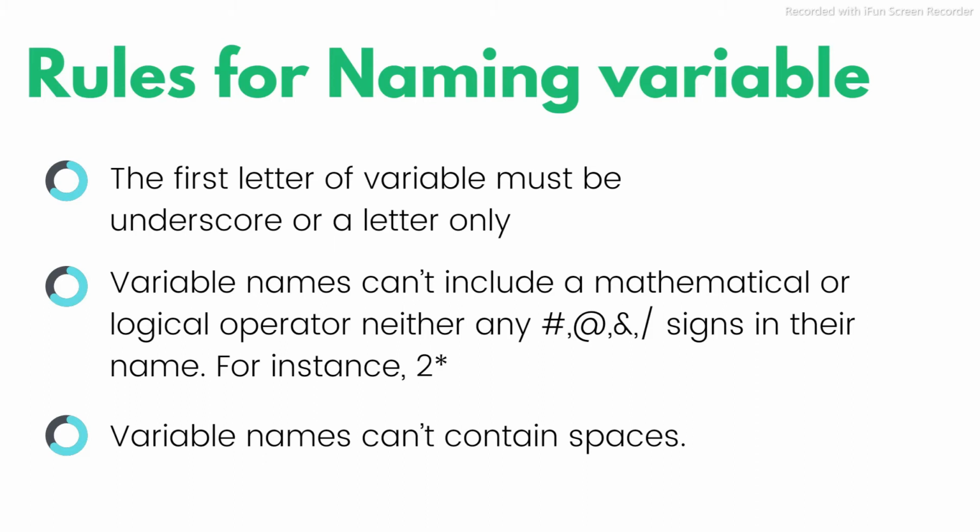Means we start using xyz equal to 10 and name equal to 10. Yes, we can use whole words like n a m e equal to 10, and store that 10 value in name. But there are rules. The rule says that the first letter of the variable must be an underscore or a letter. It must be either an underscore or a letter.